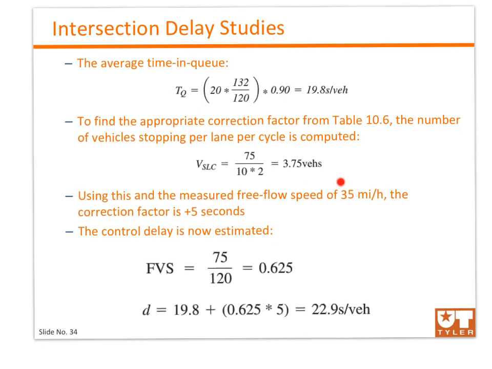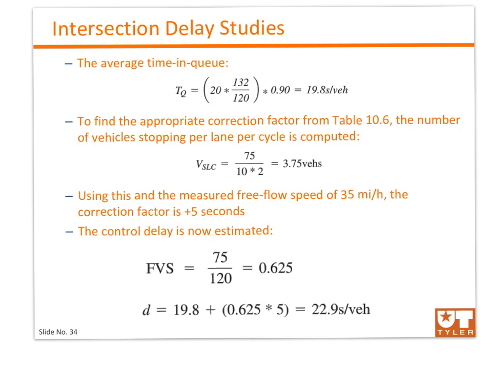Once you get this ratio, 3.75, this is the number that we need to enter table 10.6. Once you know 3.75, as well as the free flow speed, which is 35 miles per hour, you can go to the table and you will see that the correction factor is 5 seconds. Now you can calculate FVS.